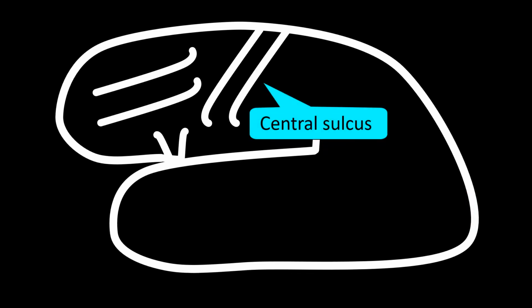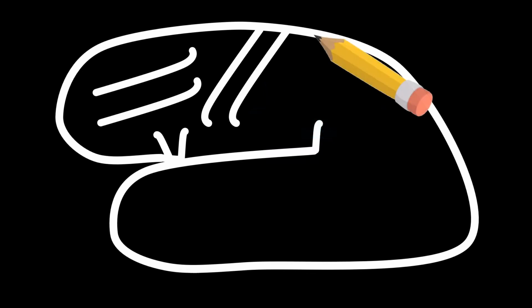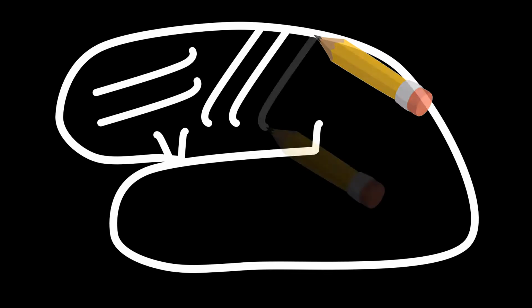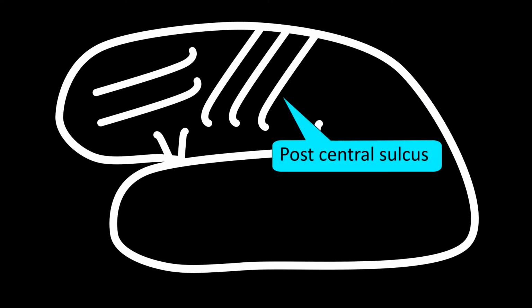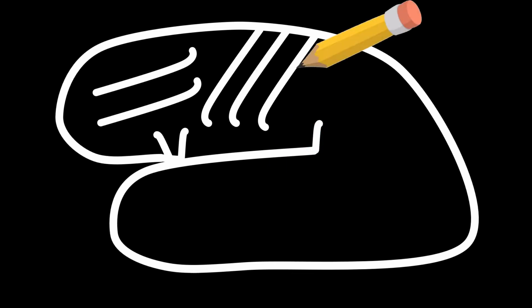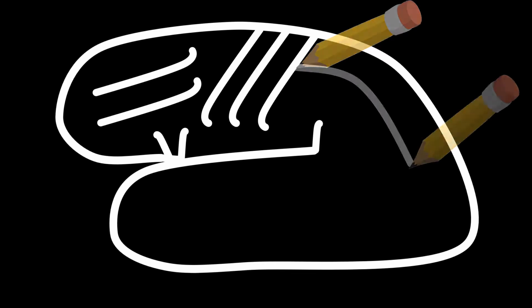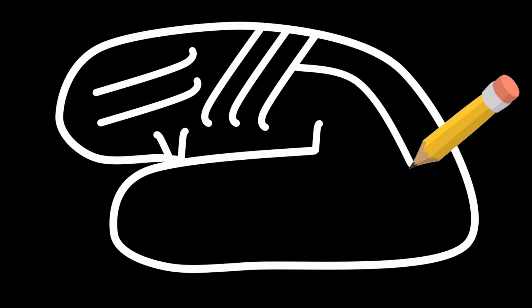Now go back to the central sulcus and just about the same distance as the precentral sulcus is from the central sulcus, draw a similar line. This is the post-central sulcus. Now on the line we have just drawn, go 1/3 from the top and draw a line following the parietal edge or border.